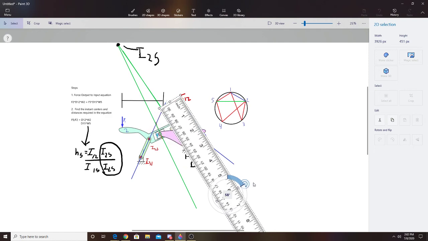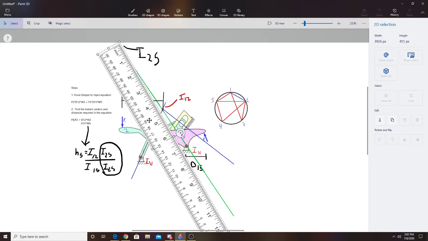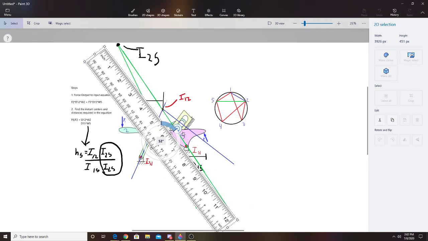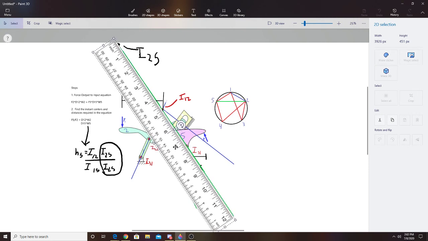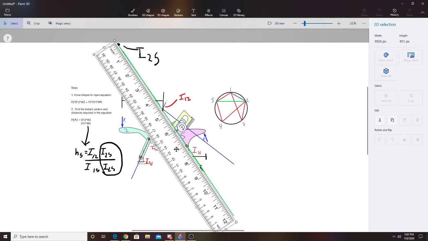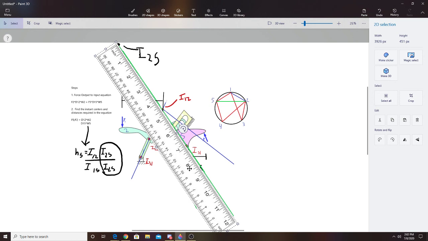So this is where you would take your ruler and find the right angle here. And so it appears that this one is looking like what? It's probably pretty close to 7.